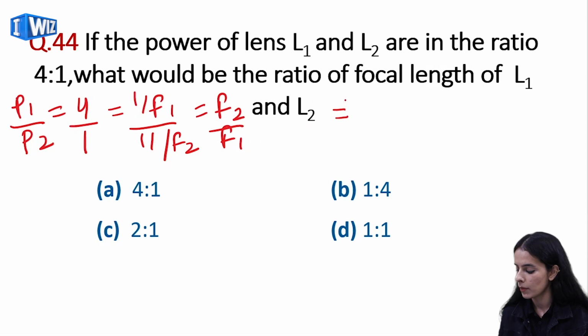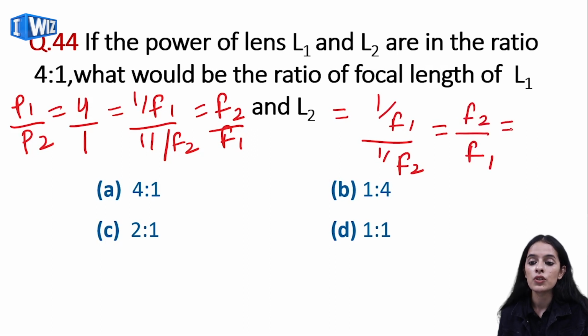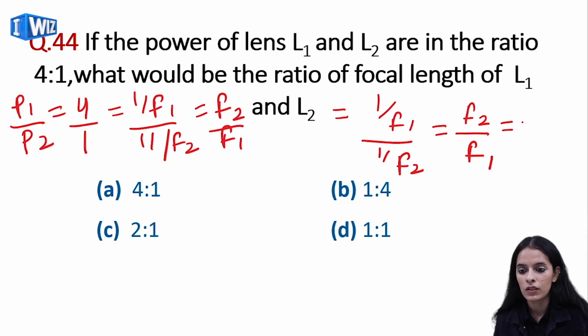And what is the ratio coming out? 1 by f1 divided by 1 by f2. So f2 will go upward and f1 will go downward. So the ratio of focal length of L1, what was the power of first lens?